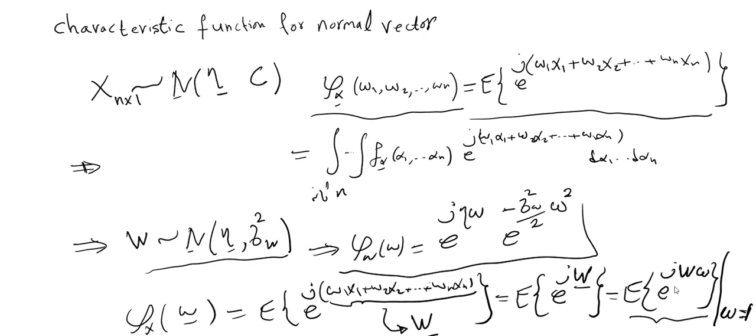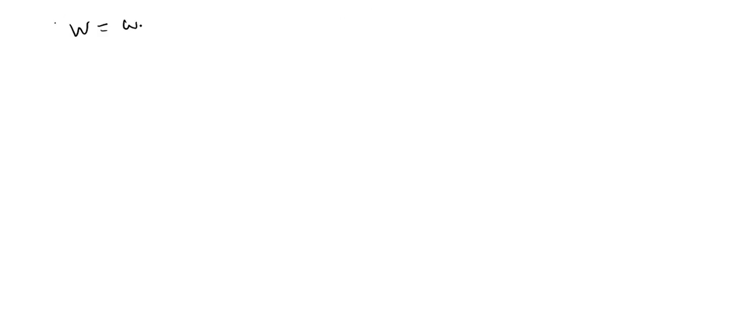So I can use the characteristic function of W and put omega equal to 1. I just need to find eta W and sigma squared W. If I find these, the proof and our computation is done, since W is a linear combination of normal variables.